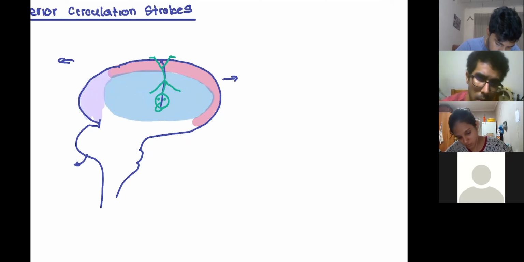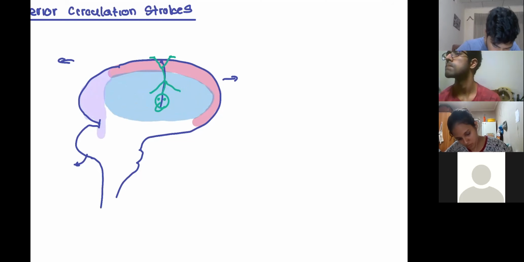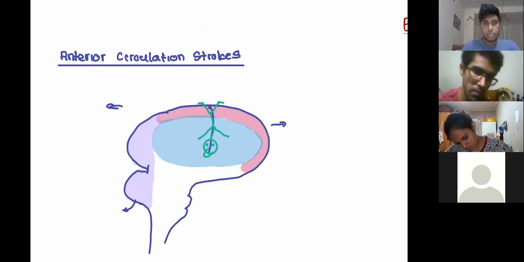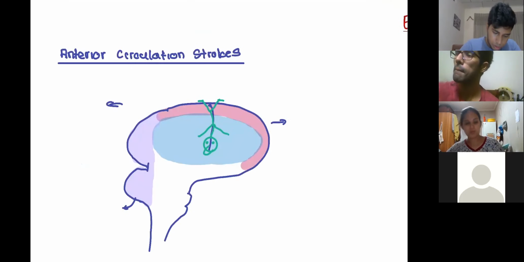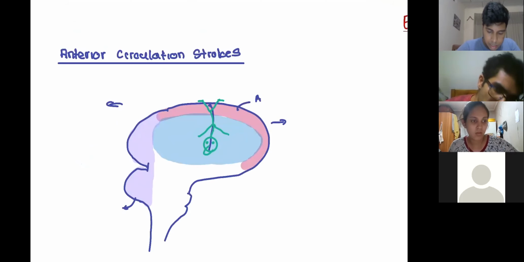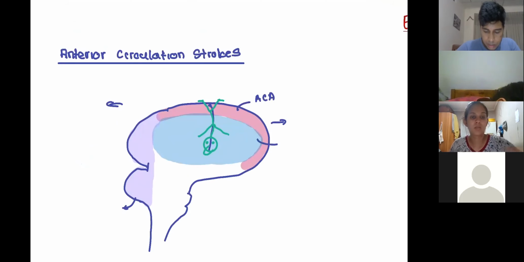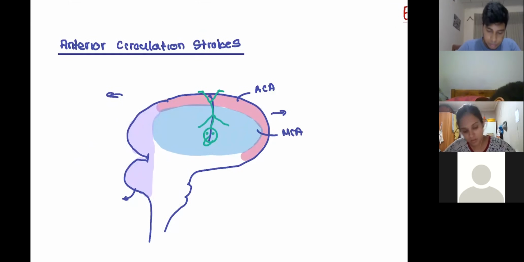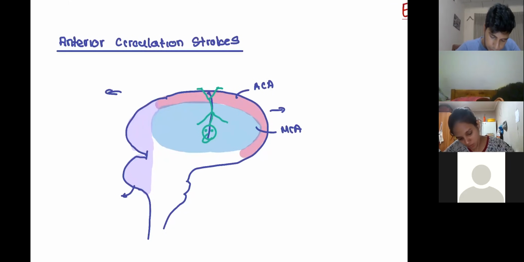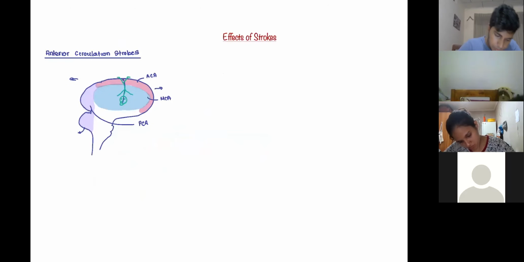The patient comes, and based on the symptoms, you need to be able to tell, or at least make a guess, which is damaged. So let me label this. This is the anterior cerebral artery, middle cerebral artery, and posterior cerebral artery.